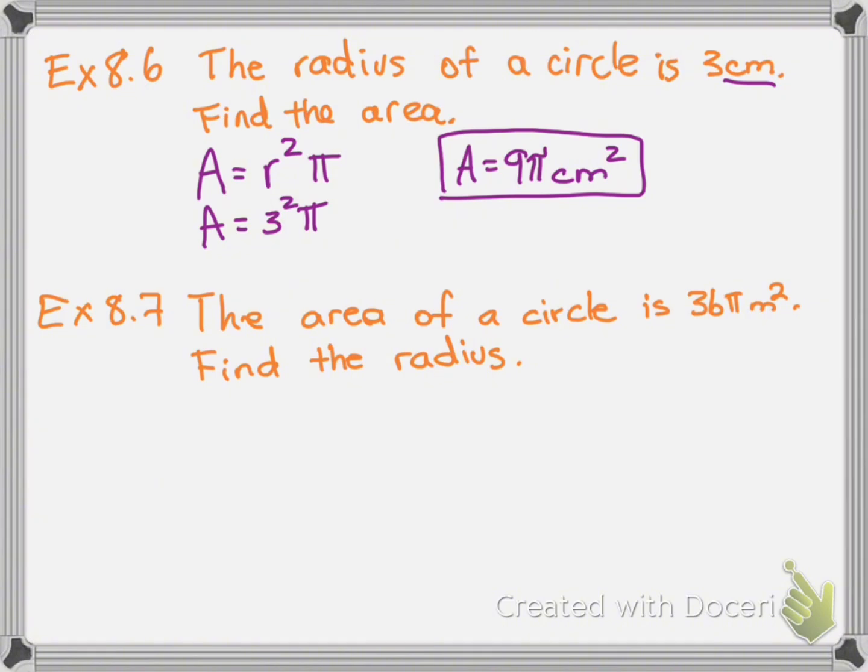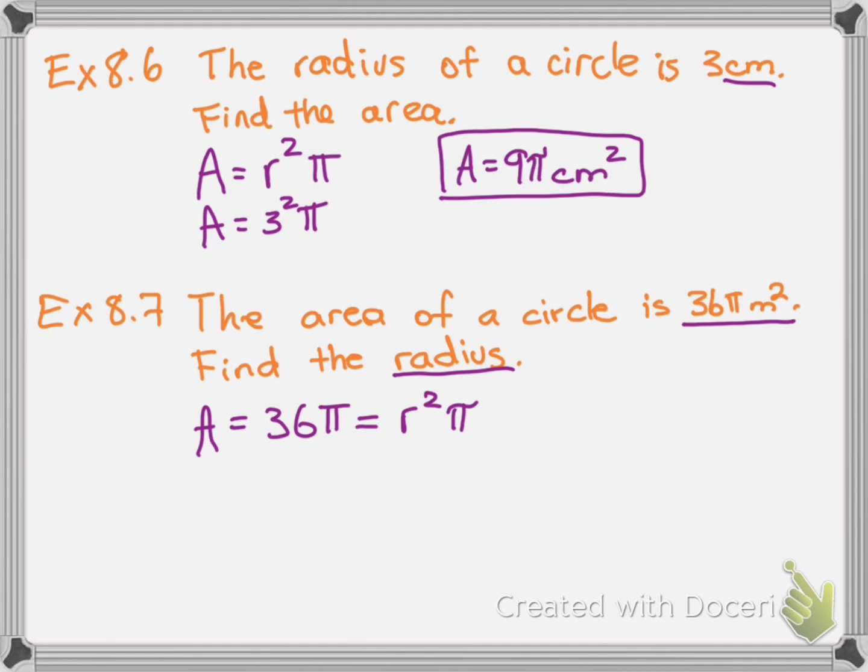In example 8.7, we have the area of a circle. They give us the area of the circle, which is 36 pi. Since we want to find the radius, we use the formula radius squared times pi, and we solve for r. So what does that mean? We need to leave r by itself.